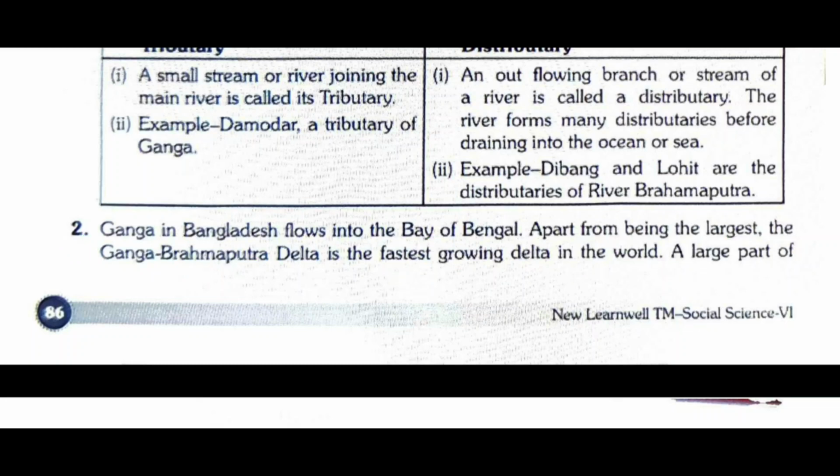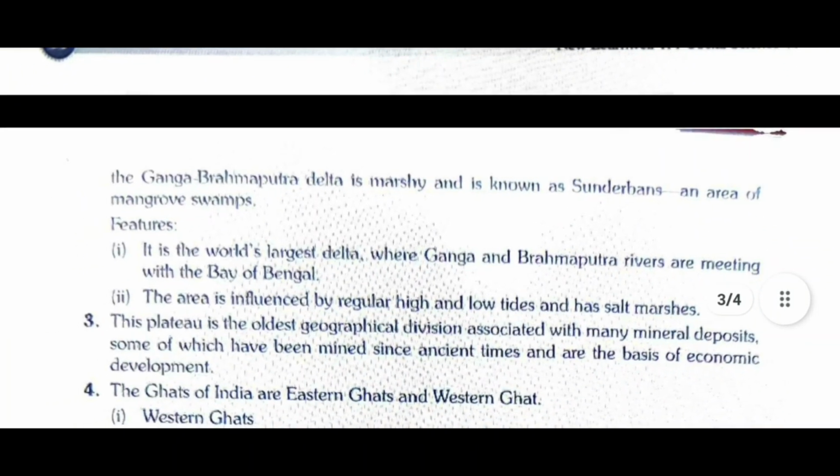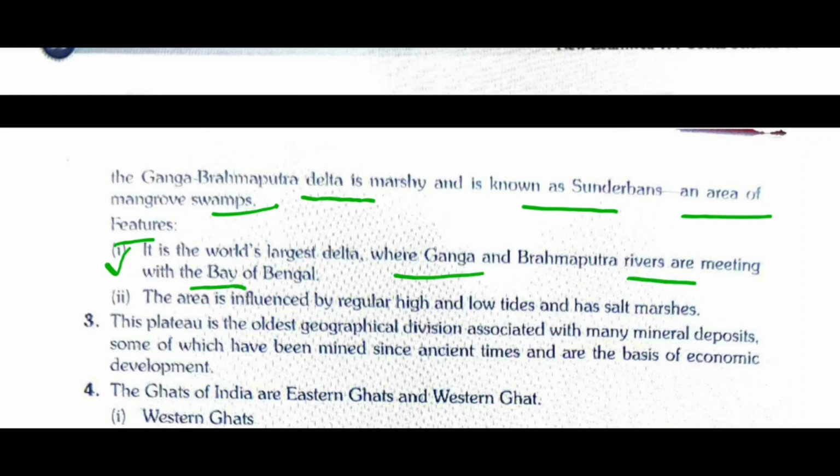A large part of the delta is marshy and is known as Sundarbans, an area of mangrove swamps. The features are: first, it is the world's largest delta where the Ganga and Brahmaputra rivers meet the Bay of Bengal. Next, the area is influenced by regular high and low tides and has salt marshes.